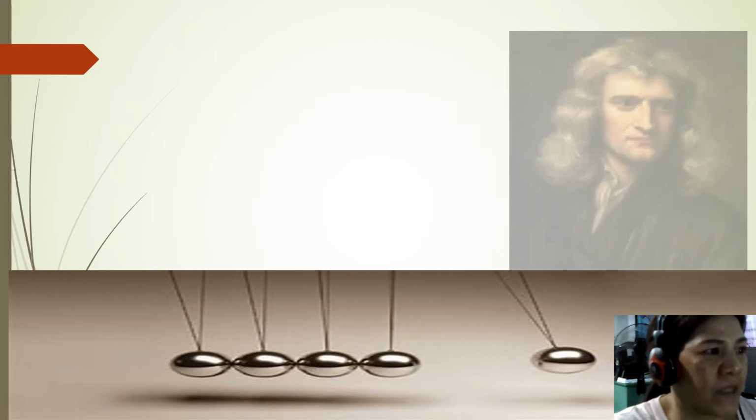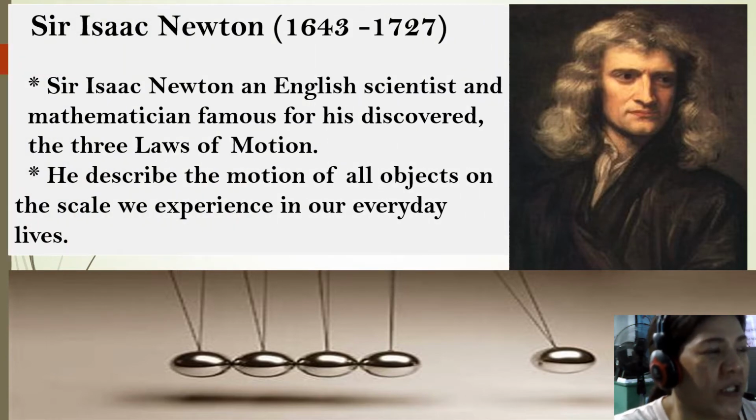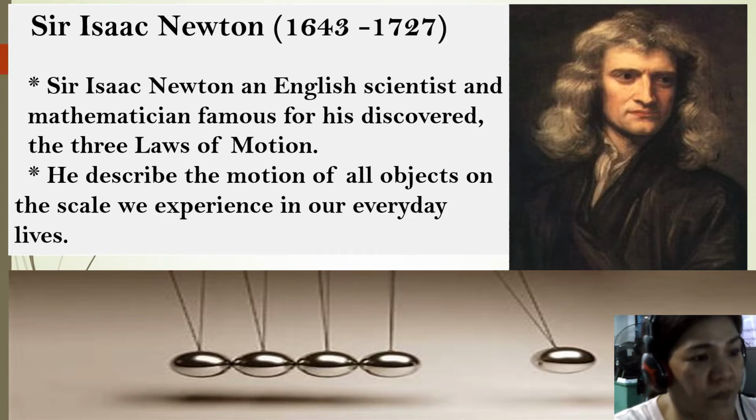Okay, class. Now, who discovered these laws of motion? So I hope you know this man who is very much familiar with his discoveries. So he is Isaac Newton. So Sir Isaac Newton, an English scientist and mathematician famous for his discovery, which is the 3 laws of motion.